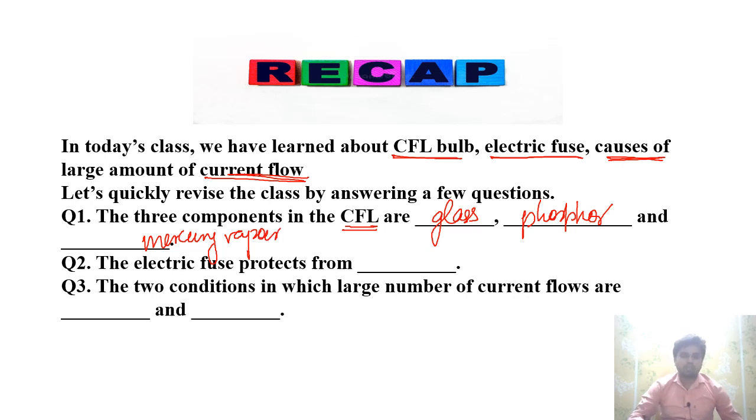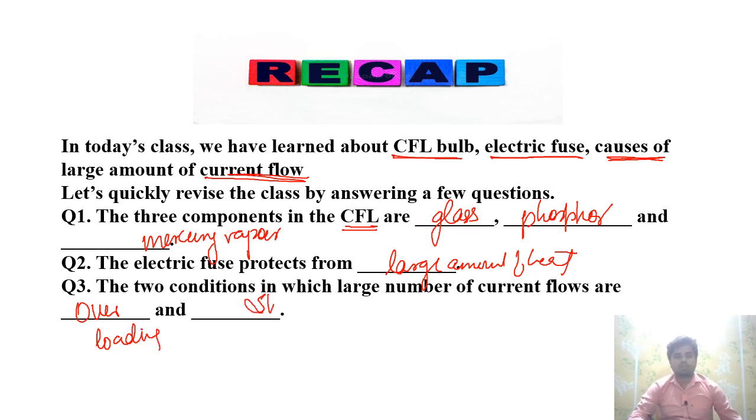The electric fuse protects from the large amount of heat. The two conditions in which a large amount of current flows are, first, overloading and second, short circuiting.